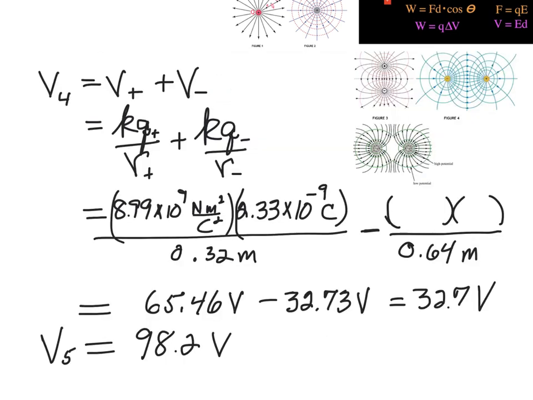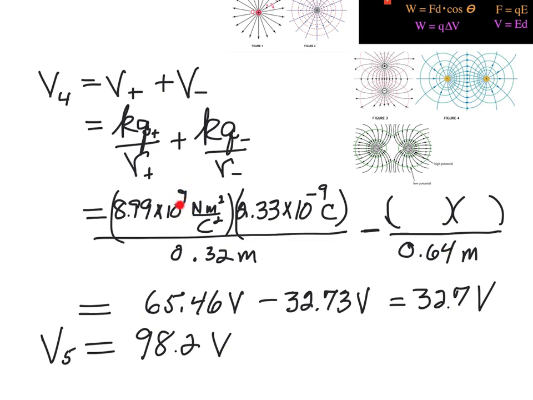Okay, finishing up problem 3, so we're over here, 32 centimeters from the positive charge and 64 centimeters from the negative charge. To get the voltage at that point, we're adding two numbers, the positive charge and the negative charge. Those distances are now different.